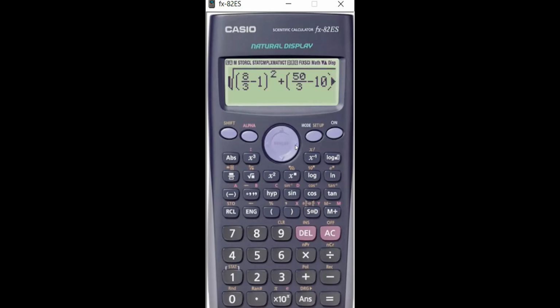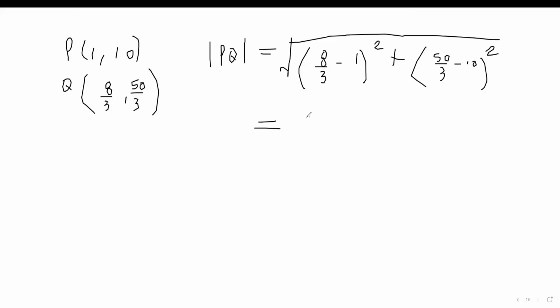I did square root the whole thing, and make sure I put the square. Yeah, everything good. So that's 5 root 17 over 3. So the distance between P and Q is 5 root 17 over 3.